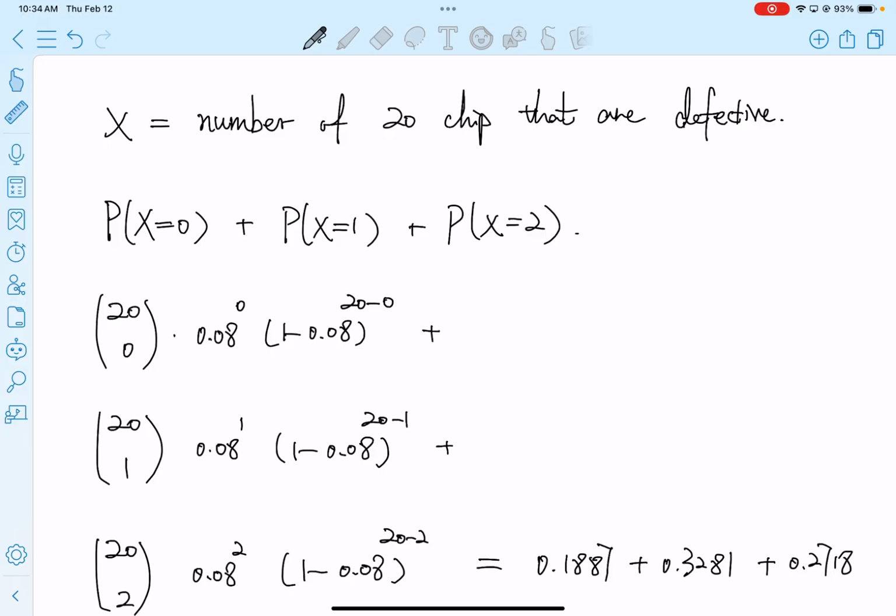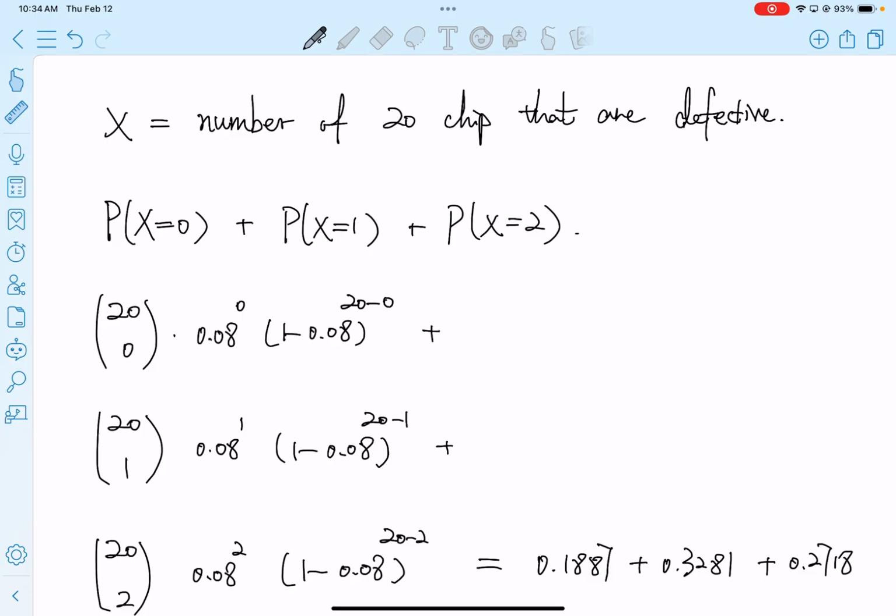Question: if we were to do the problem but expect 1.6 chips to be defective, would the probability be closer to 1 instead of 0.7886? Would it be closer to 1 if the value were the expected one?